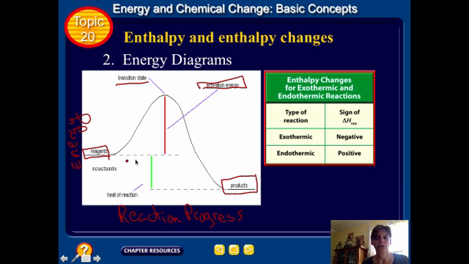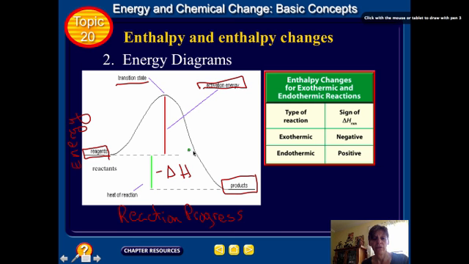In this particular picture, you can see that if we do products minus reactants, we're going to end up with a negative delta H of reaction. The products ended up more stable with less energy than the reactants started with.